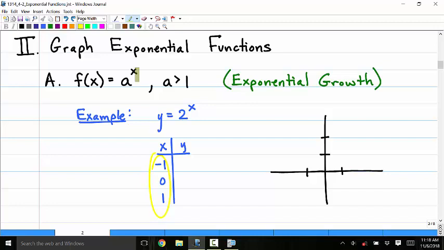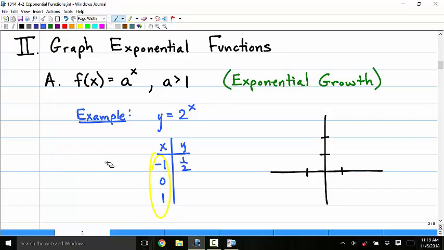Anytime you have an exponential function, your three favorite x values are going to be -1, 0, and 1. Why? Well, because they produce nice points. If x is equal to -1, and you plug that into your function, what y value are you going to get? y equals 2 to the -1, which is the same as 1 over 2, so 1/2.